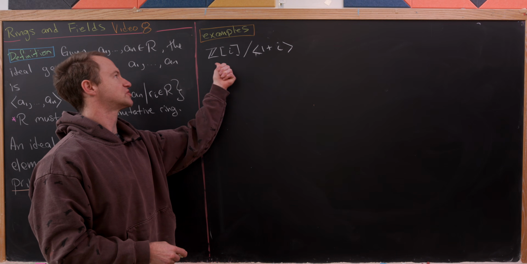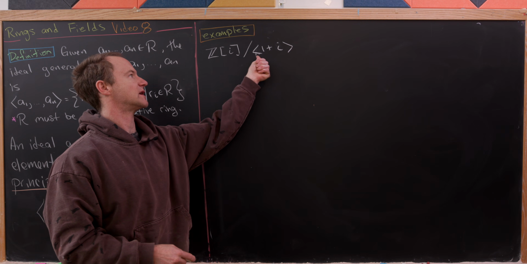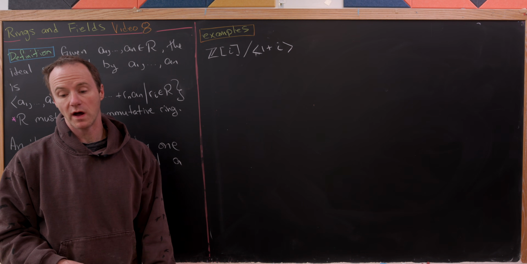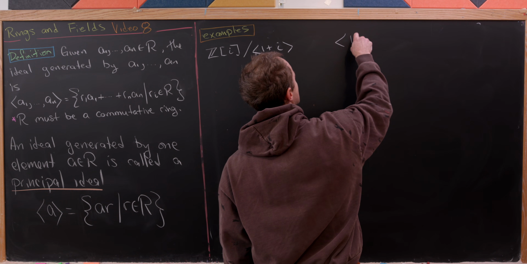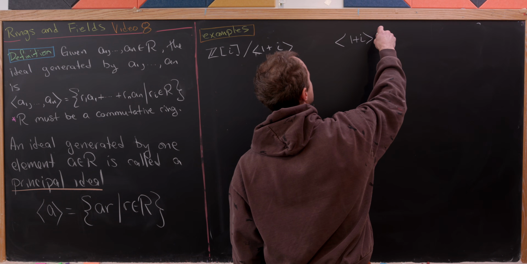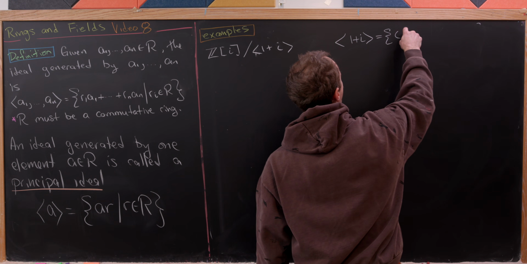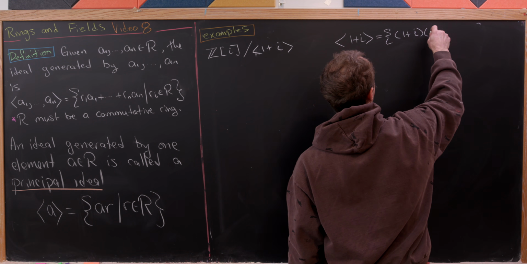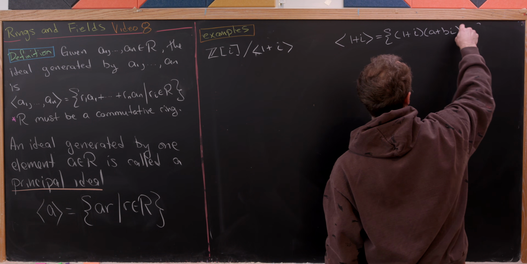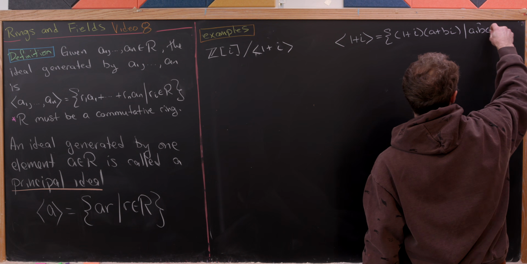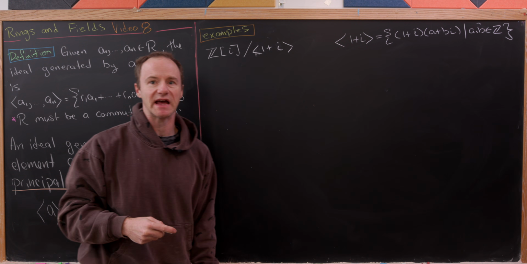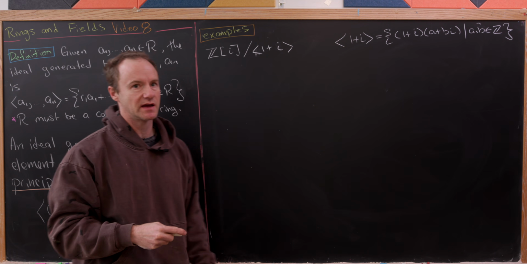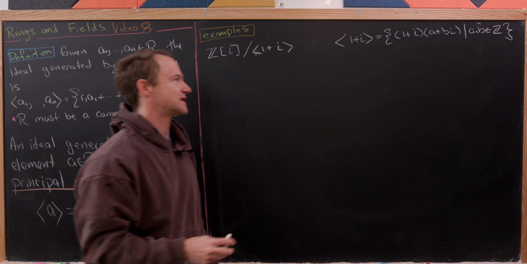So now let's look at the quotient of the Gaussian integers mod the ideal generated by 1 plus i. So just as a sketch over here, notice that the ideal (1 plus i) is everything of the form (1 plus i) times (a plus bi), as a and b run over all integers. And that's because that's how I parameterize the elements of the Gaussian integers, by an integer plus an integer times i.